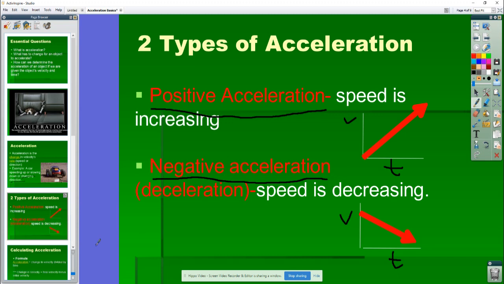So technically, most scientists will say negative acceleration, so they're very specific. Now, there is a secret, not so secret because I mentioned it on the last slide, third type, but you can't really see it on the graph. And what the third type of acceleration is, it's when you're changing direction.